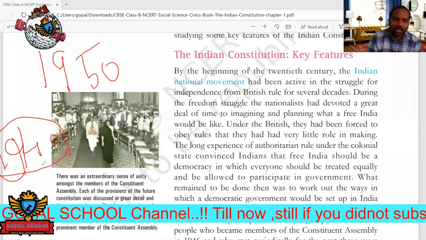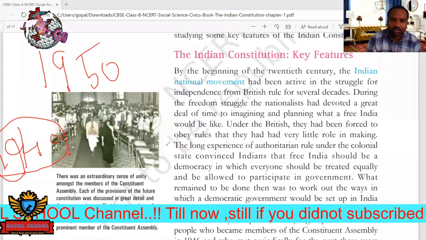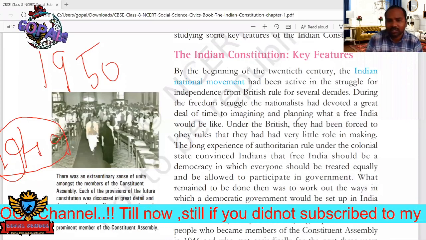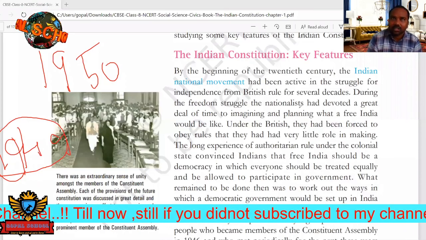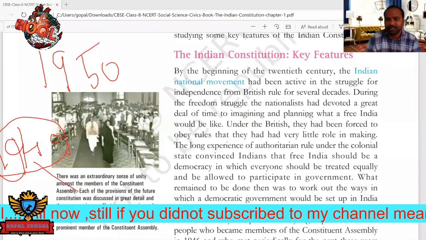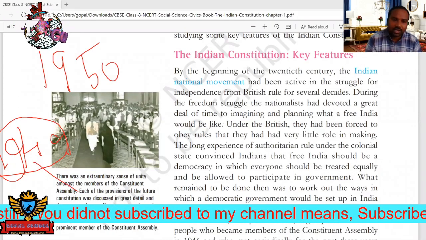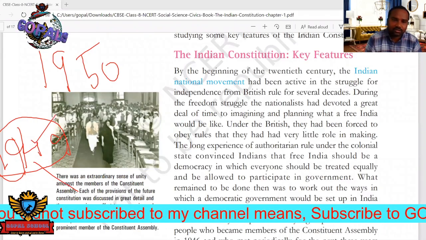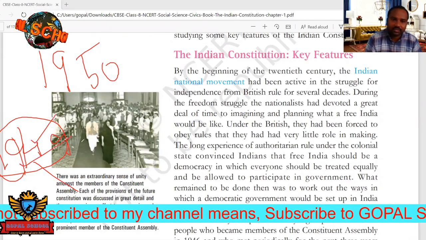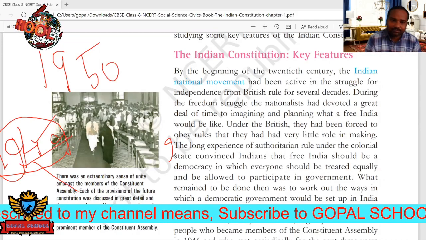The Ambedkar team gathered various rules from different countries, then framed the constitution and completed it by 26th November 1949.